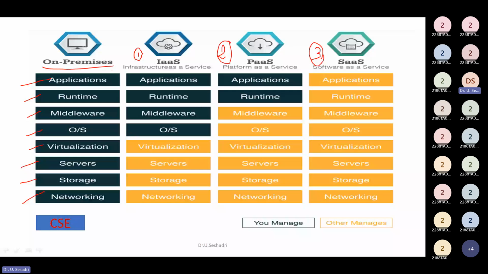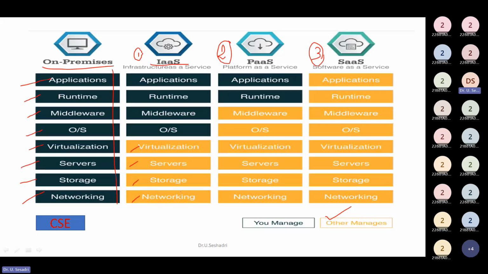But whereas with the cloud delivery model, that is infrastructure as a service, look at this diagram. The networking, storage, servers, virtualization, you need not take care of. The others have to manage. This color representation is what others have to manage. Sir, who are the others?